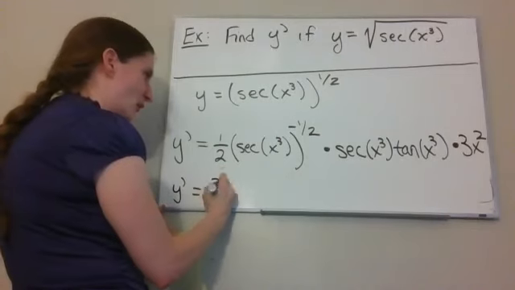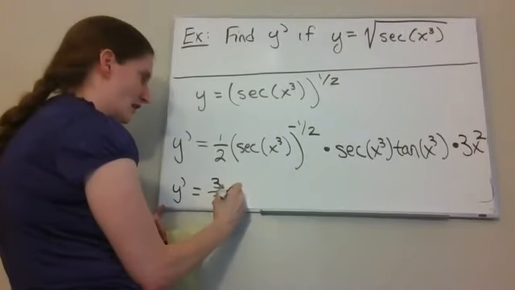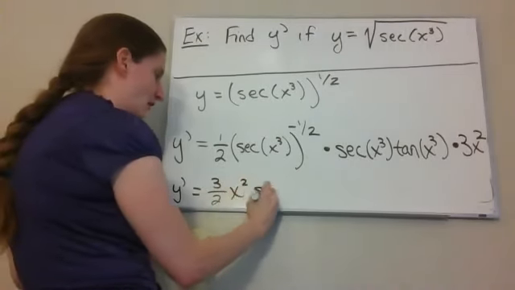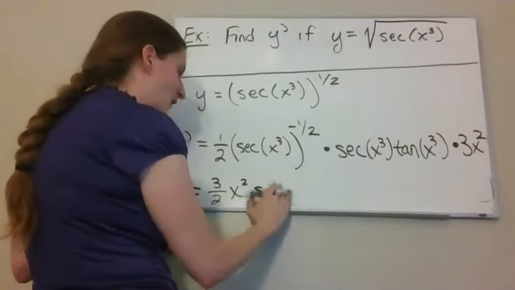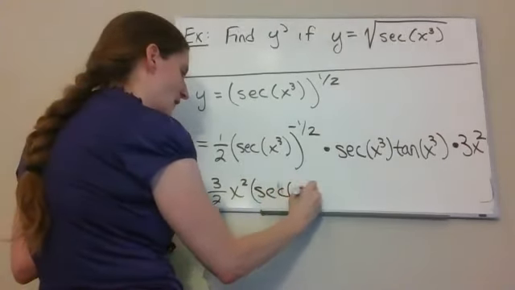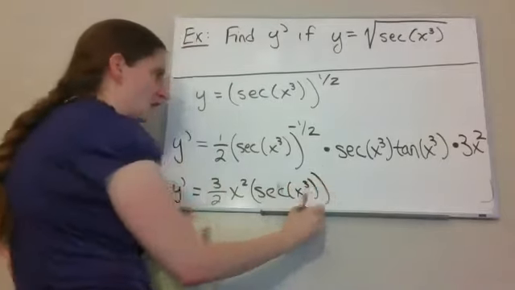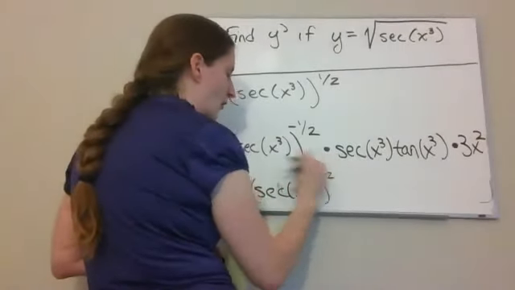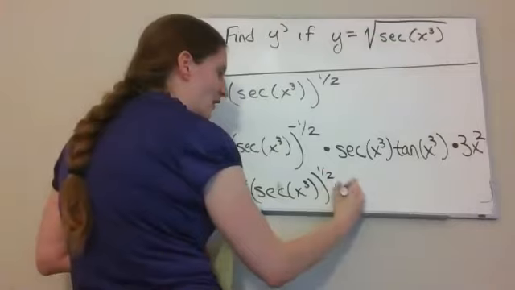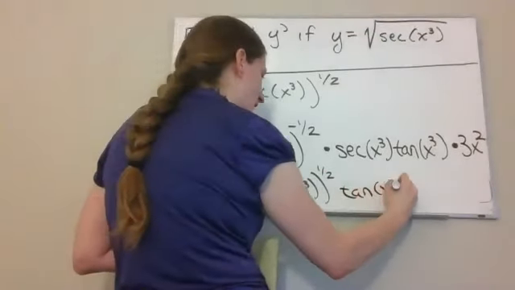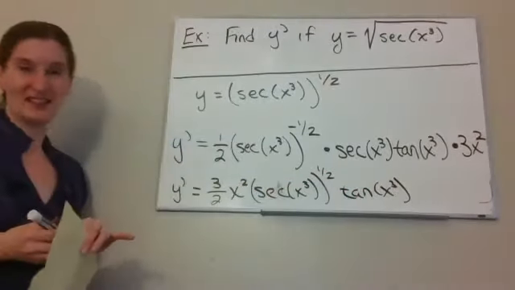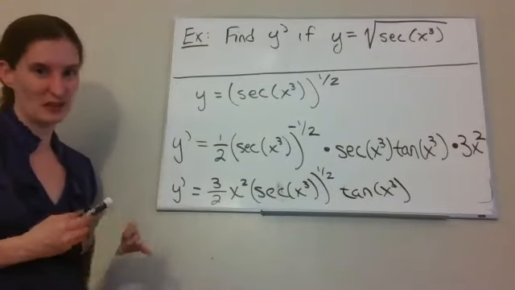Let me put the 3/2 in the front. I have my x squared. My secant of x cubed is to the 1/2 power when I combine them together. And then I have a tangent of x cubed. But that's about as good as it's going to get, and it's still pretty ugly.